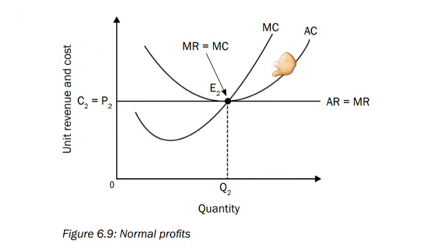Similarly, the marginal cost graph passes through the marginal revenue graph at exactly the same quantity, which is Q2. This is what we are looking for to say that you are making normal profits. At that point where MR equals MC, your revenue is equal to your cost. That's what we call an equilibrium, or the break-even point.